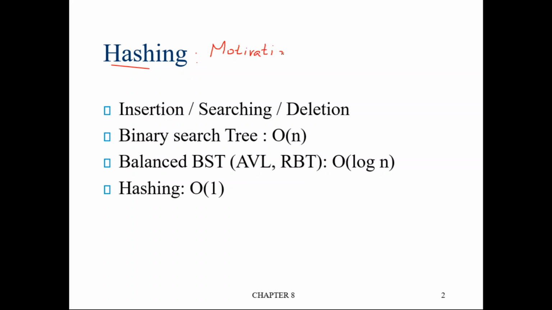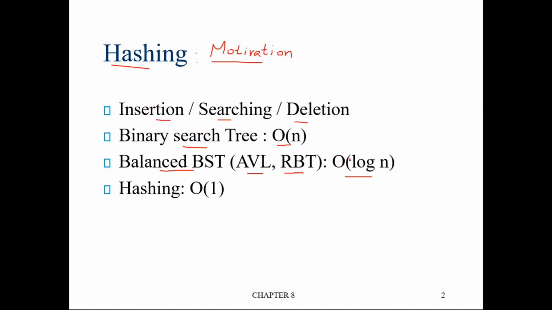The reason we are discussing hashing is that if you consider operations like insertion, search or deletion in a binary search tree, it will take order of n time. That is, the time complexity is order of n. But in a balanced binary search tree like an AVL tree or a red-black tree, the time complexity is order of log n.